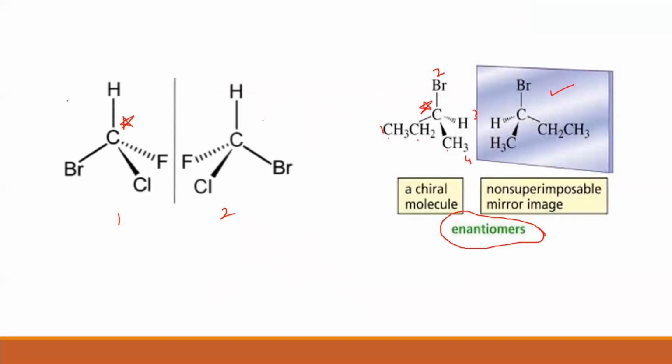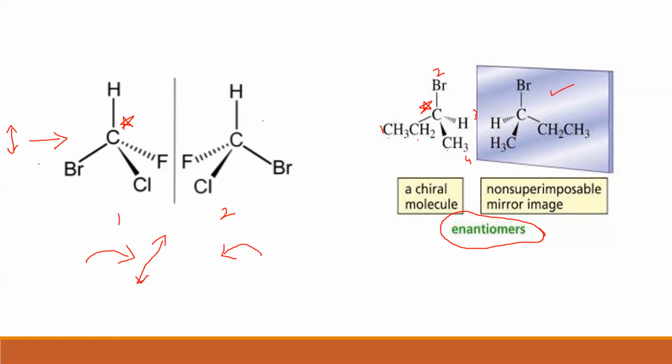All right. So if one mirror image rotates the plane of the polarized light to the right, then its mirror image will rotate the plane of the polarized light to the left. Clear? So when plane polarized light is made to pass through compound 1, the plane will be rotated to the right.